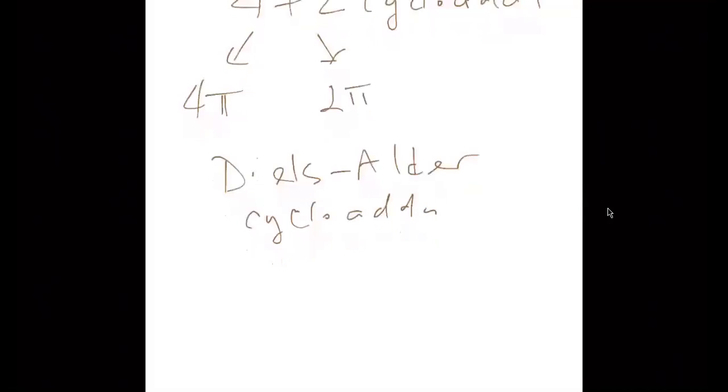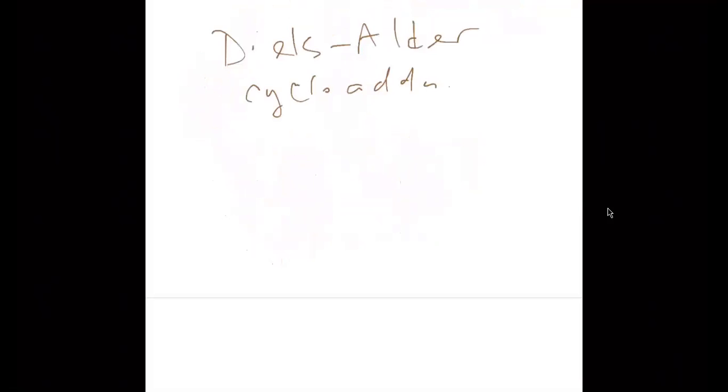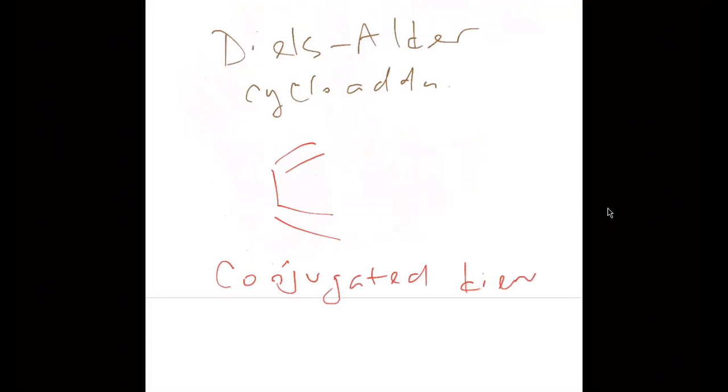Right, so you have a 4 pi system, which is a conjugated diene. So we'll call that 4 pi system the diene. And then you're going to react that with a 2 pi system.